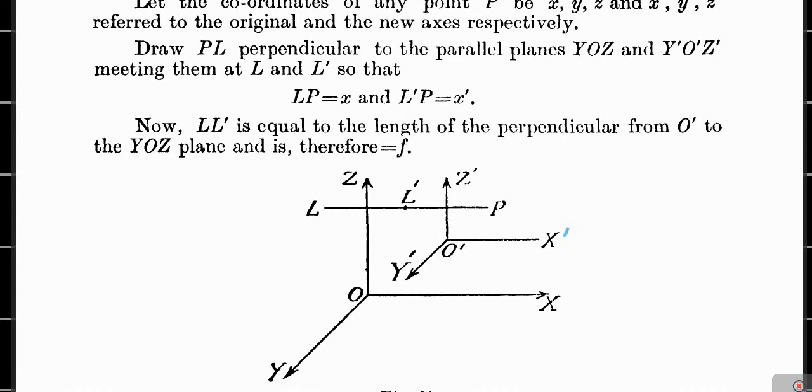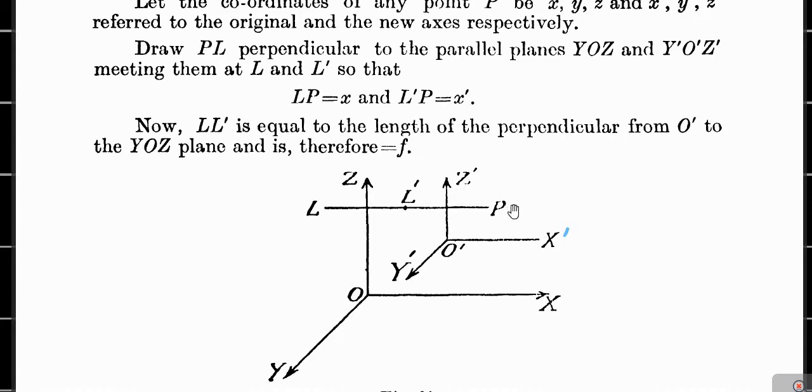So draw PL perpendicular to the parallel planes YOZ and Y'O'Z', meeting them at L and L'. The perpendicular from point P on the YOZ plane is PL, and the perpendicular from point P on the Y'O'Z' plane is PL'. Obviously then the distance LP will be equal to x, and the distance L'P will be equal to x'.